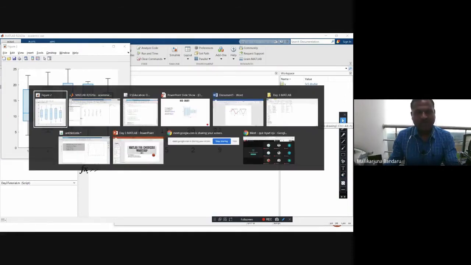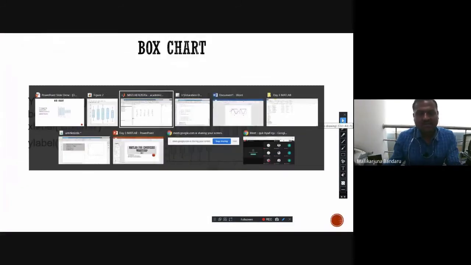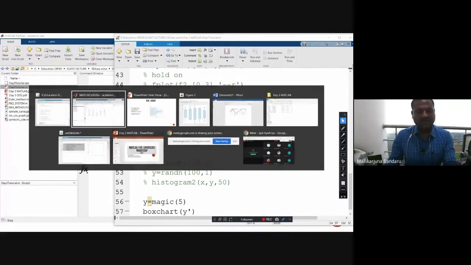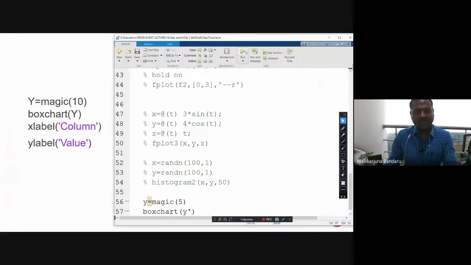And if you want to analyze column wise and row wise differently, simply take y complement transpose. Then the plot may be visible differently.